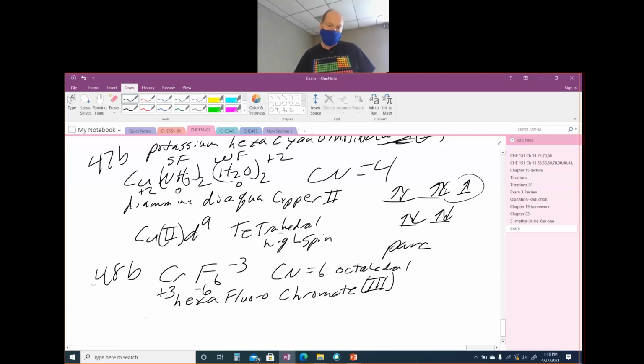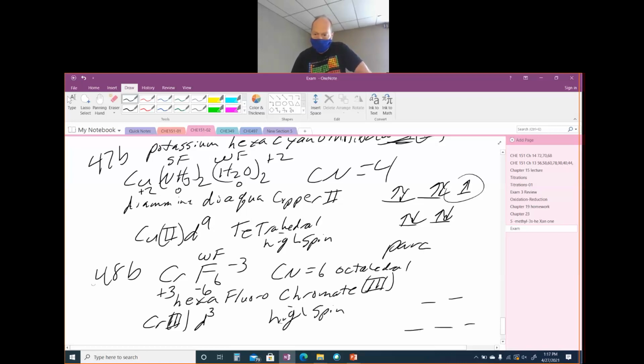And Cr3+, chromium's number 24. The number above that is 6, so that's d3. So that's a weak field ligand. All right, so this is high spin. And here is an example of a high spin that is only going to have 3 d electrons. So this is d2sp3.